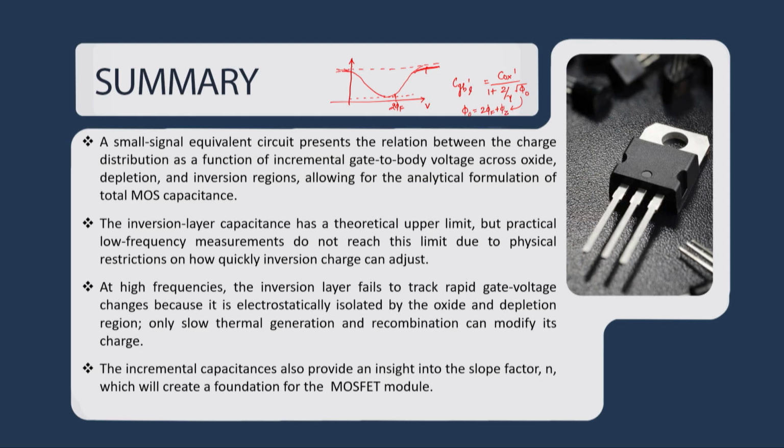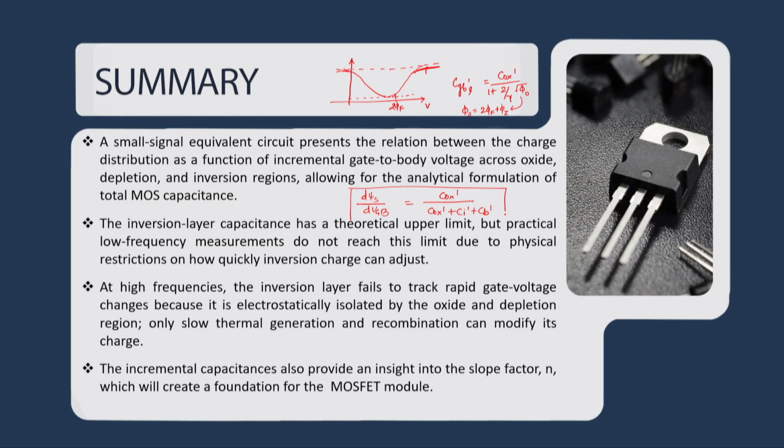After that, we have also seen that there is a provision now where we can define the gate controllability on the surface charge or on the surface potential in terms of capacitances. So, we define the slope factor d psi s by dVGB as Cox dash divided by Cox dash plus Ci dash plus Cb dash.